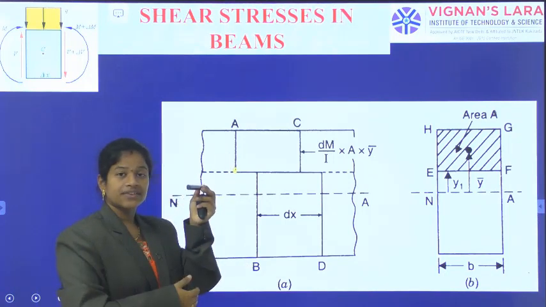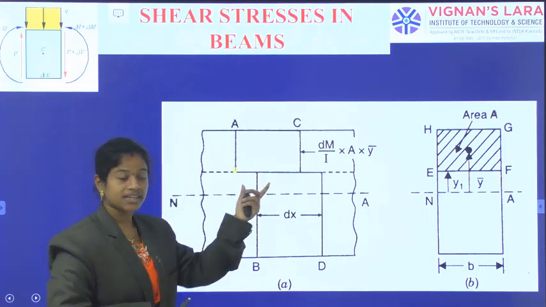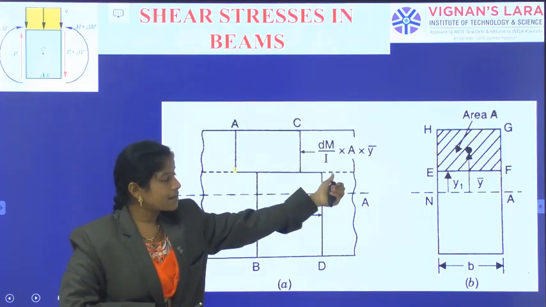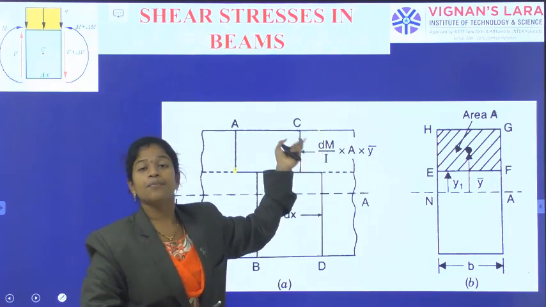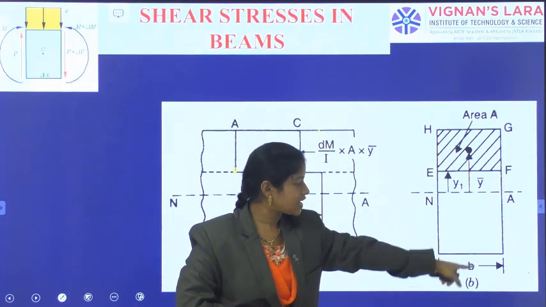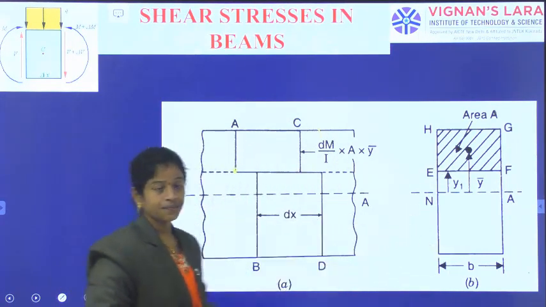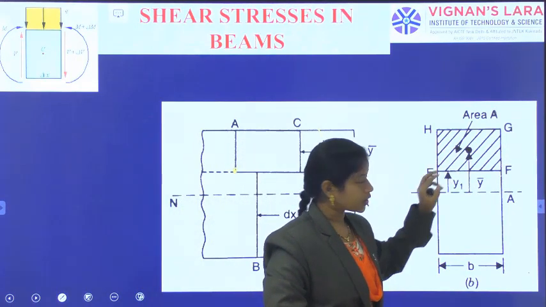So on this level EF, some force above the level EF is coming in this direction. So that is dm by I into A into y bar, the total force acting above the level EF. When you see the side view, this is the portion and we have indicated all these things. So this is our cylindrical element.